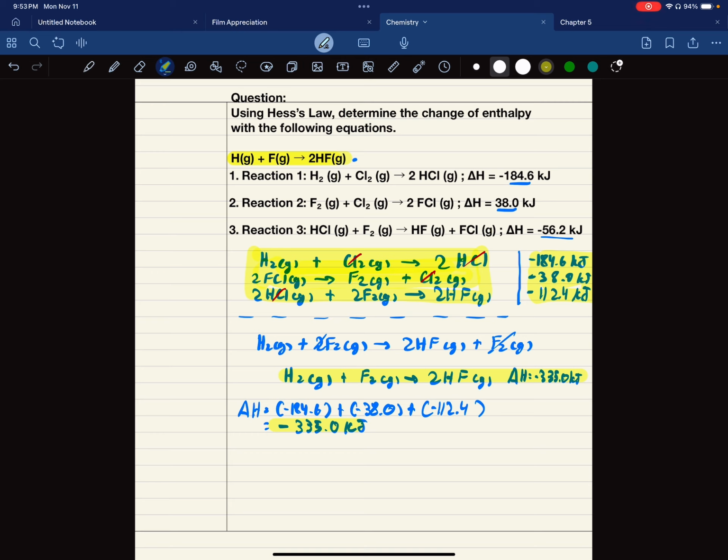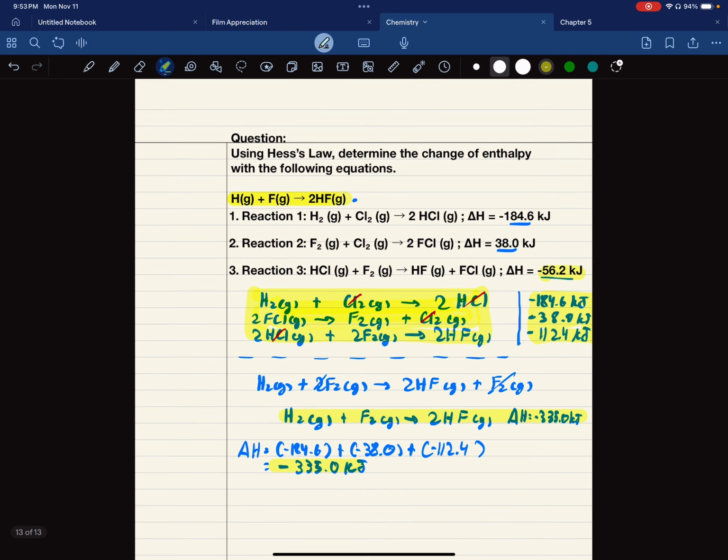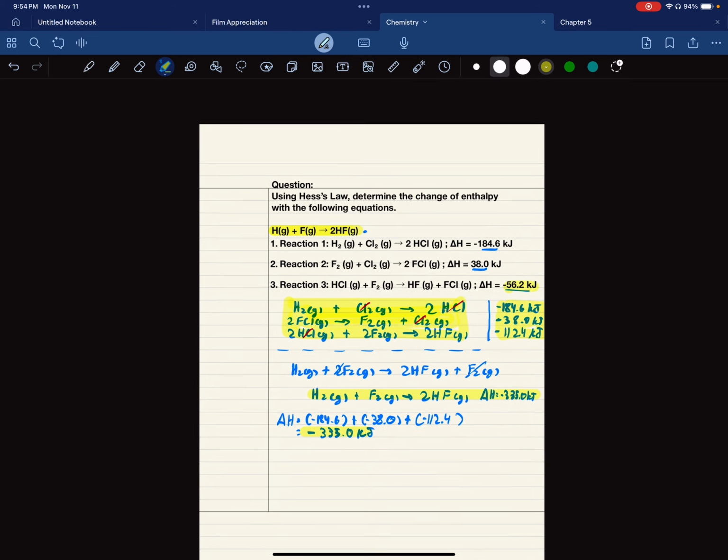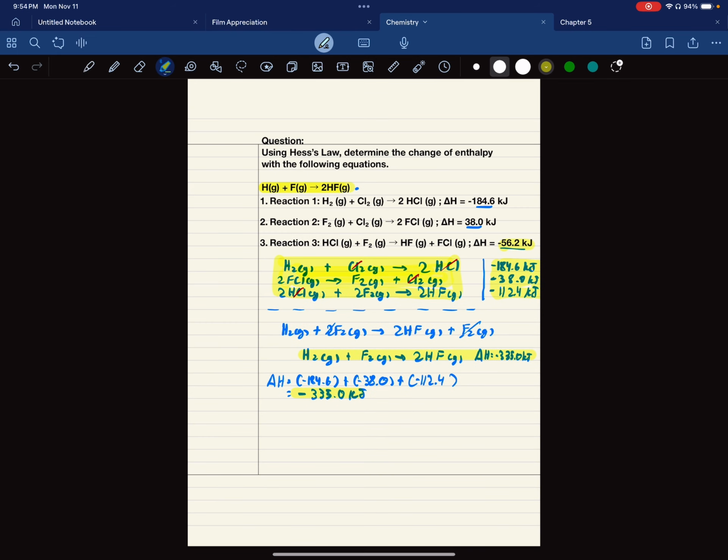In reaction 3, we multiply by 2, so we multiply 56.2 by 2. That gives us 112.4. Remaining, we just add all our delta H's together and we get our final answer. So that is how you get the change of enthalpy using Hess's law and using given reactions.